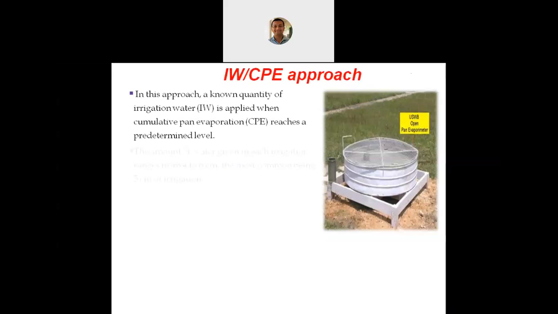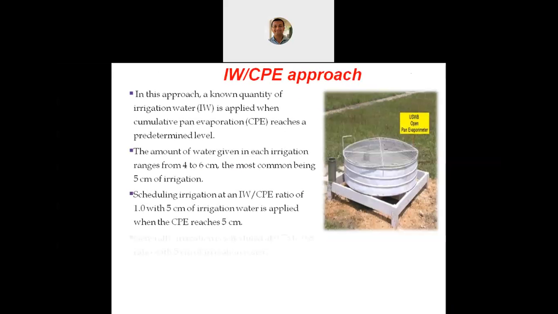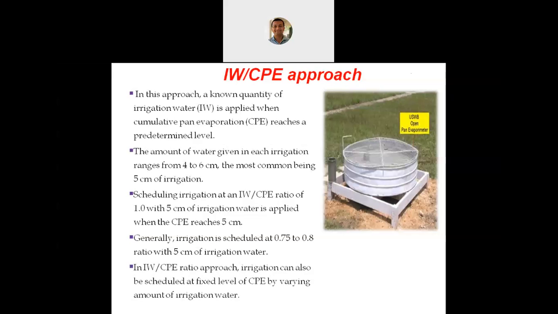Another very popular approach is the IW/CPE approach. Here IW represents the irrigation water and CPE is the cumulative pan evaporation. In this method also, the values of cumulative pan evaporation are used, but here the irrigation is scheduled based on the value of a ratio between irrigation water and cumulative pan evaporation.